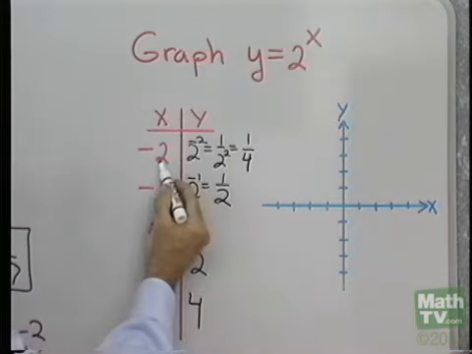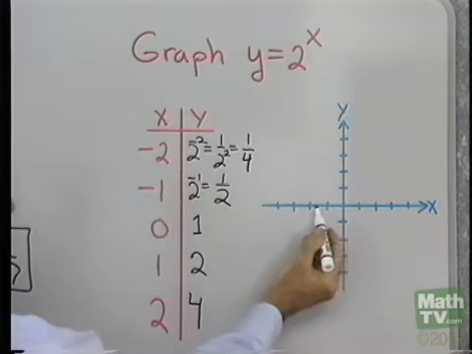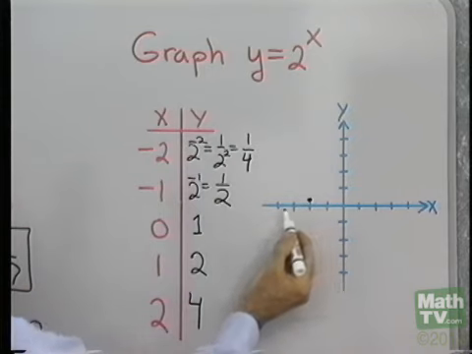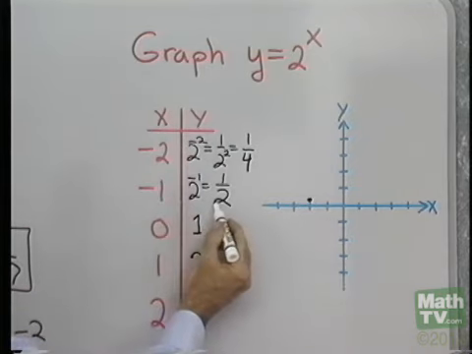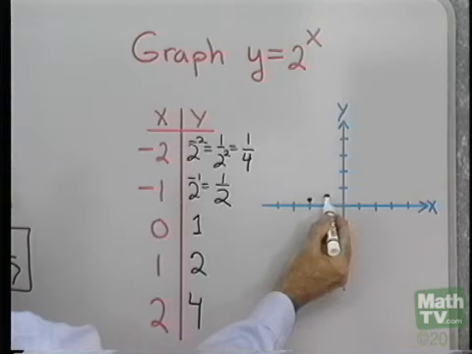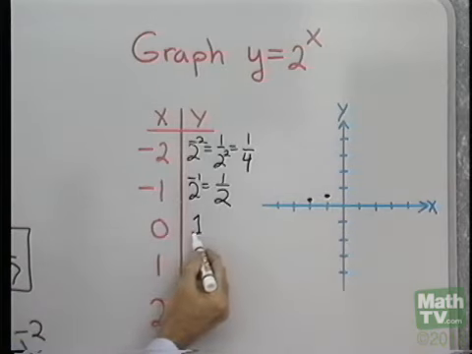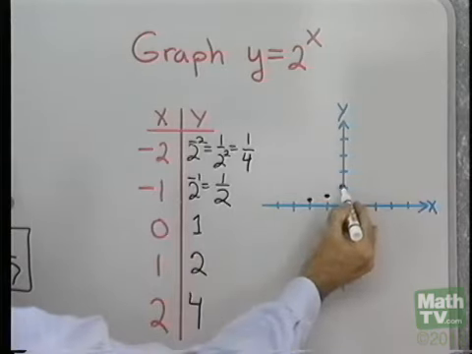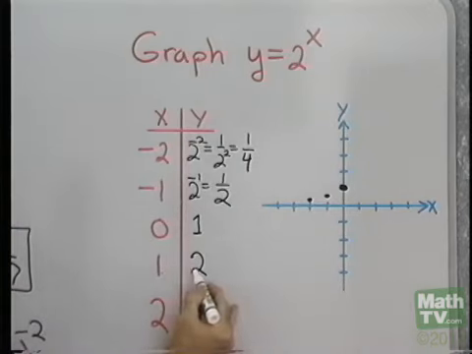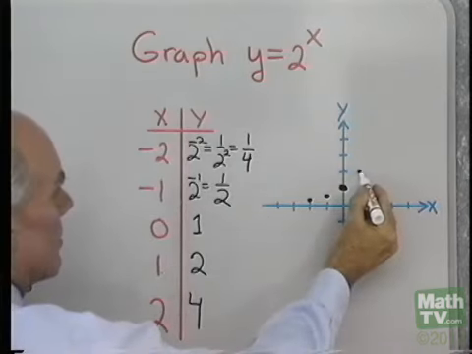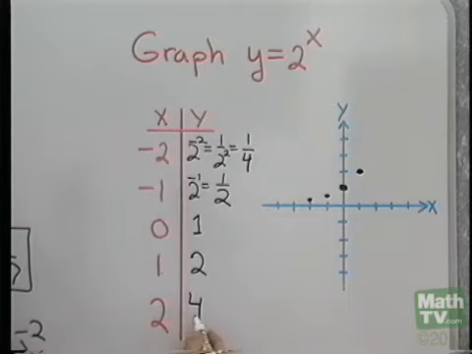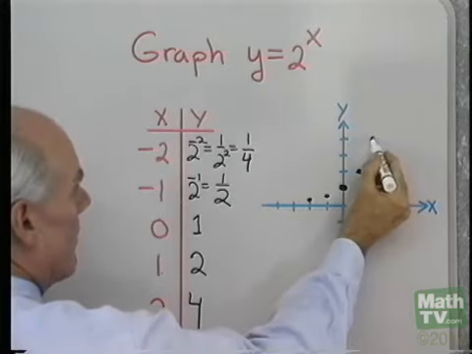So let's graph the ordered pair -2, 1/4. So I'll go back 2 and up 1/4. X equal -1, y equal 1/2. So -1, 1/2. X equals 0, y equal 1. So 0, 1. X equal 1, y equal 2. So 1, 2. And x equal 2, y equal 4. So 2, 4.